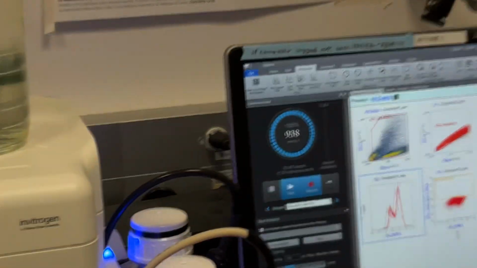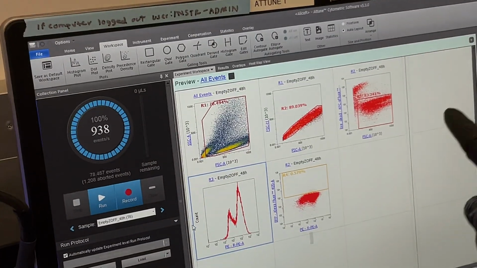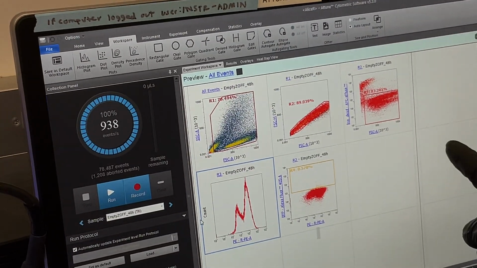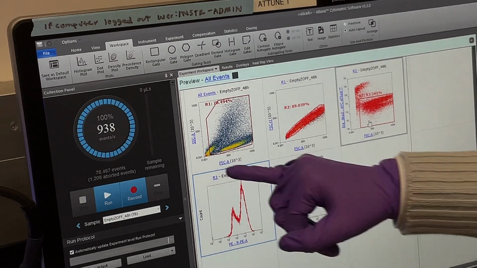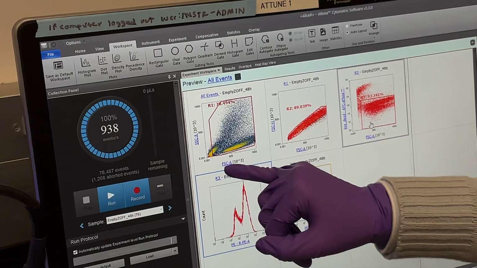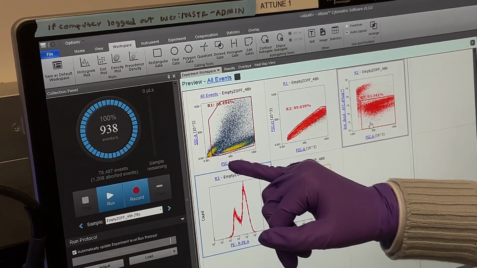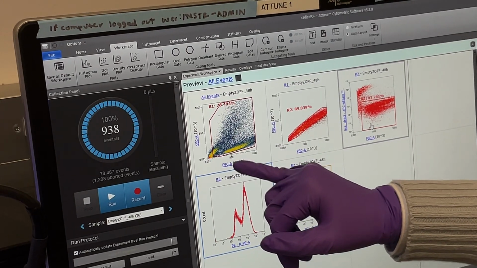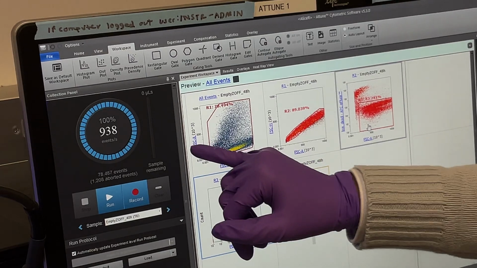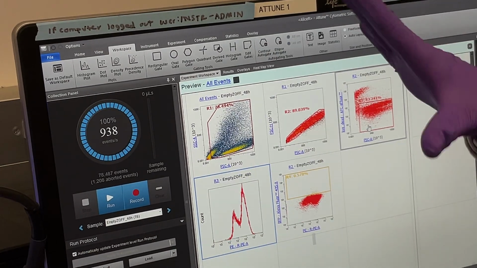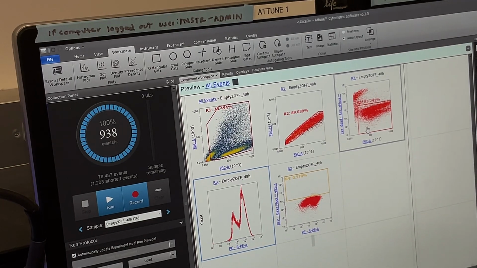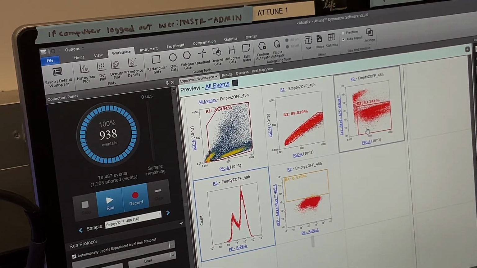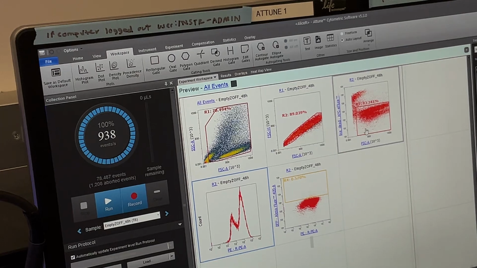Can I ask about the plots for a second? So that one you're saying is live dead, and the x-axis is the FSC, which measures how big the cells are, the cell size. And this is how much it scatters the light. If the cells are dying, they tend to have a lot of vesicles inside and scatter the light more.